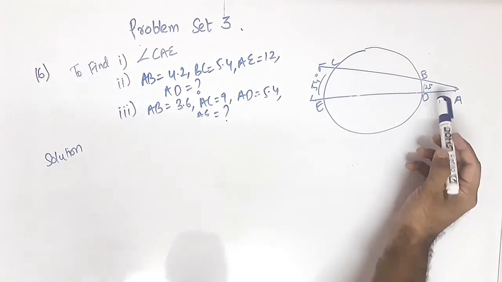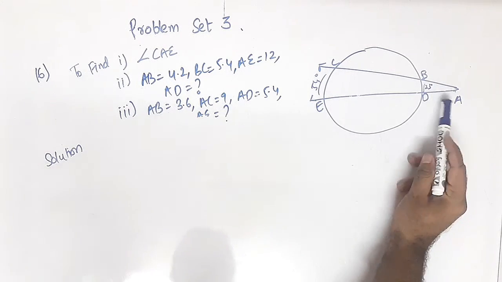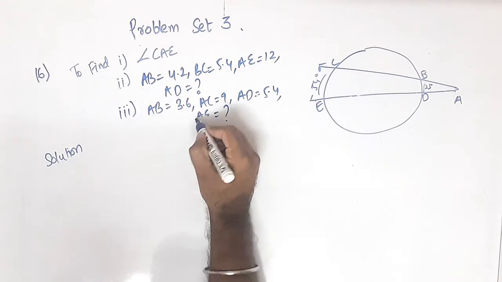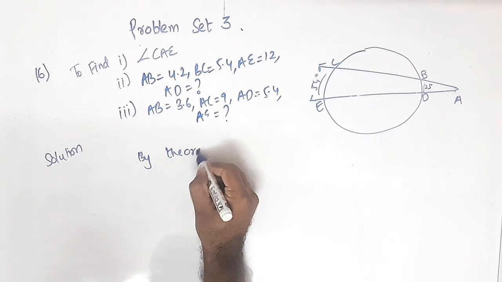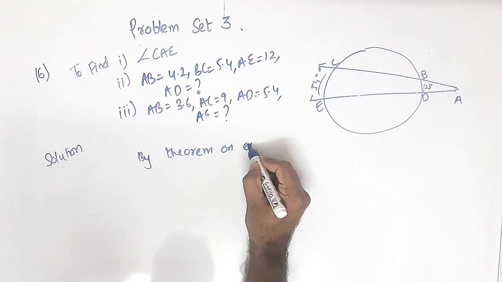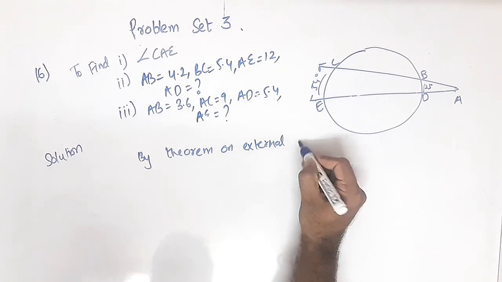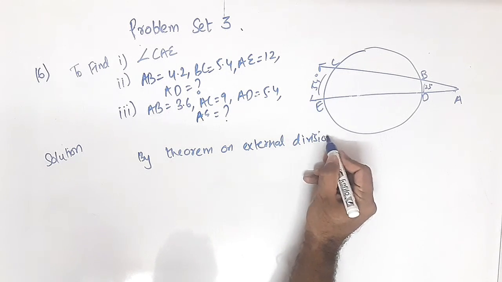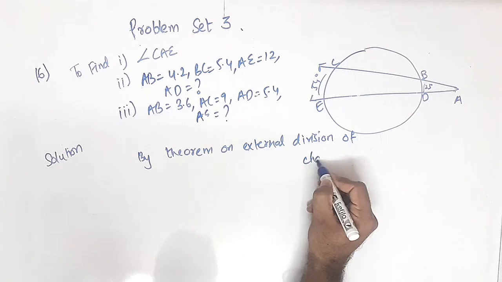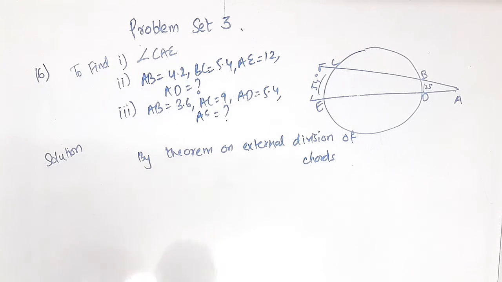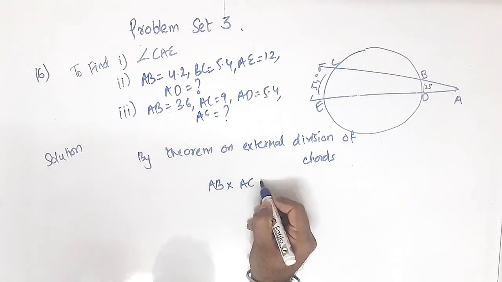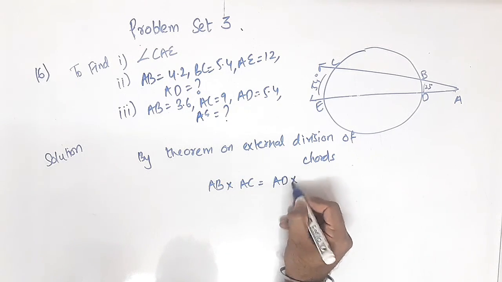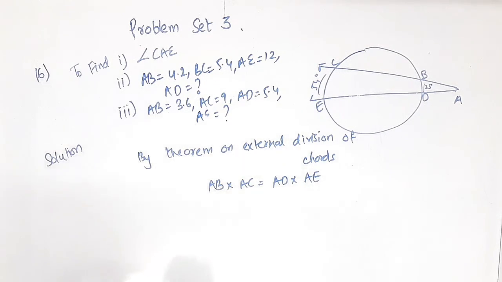Third one, straight away AB, AC is given, AD is given, and we are asked to find AE. So we'll straight away write by theorem on external division of chords, AB into AC is equal to AD into AE.